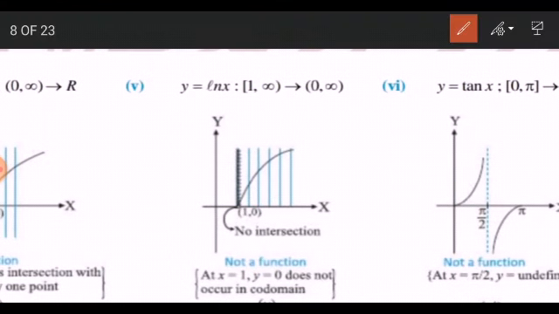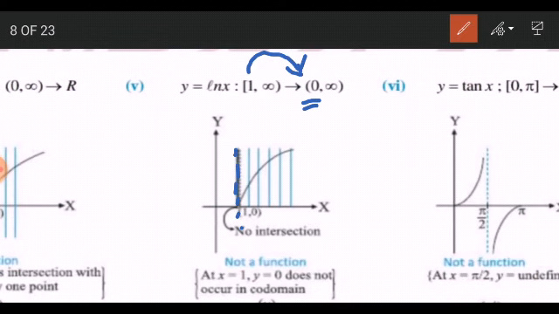As ln x corresponding to the point 1 gives 0, and 0 is not mentioned, the open interval means drawing the line which cuts at point 1 doesn't give any image in the codomain. The value is 0, and 0 is absent over here, so that's why it is not a function.